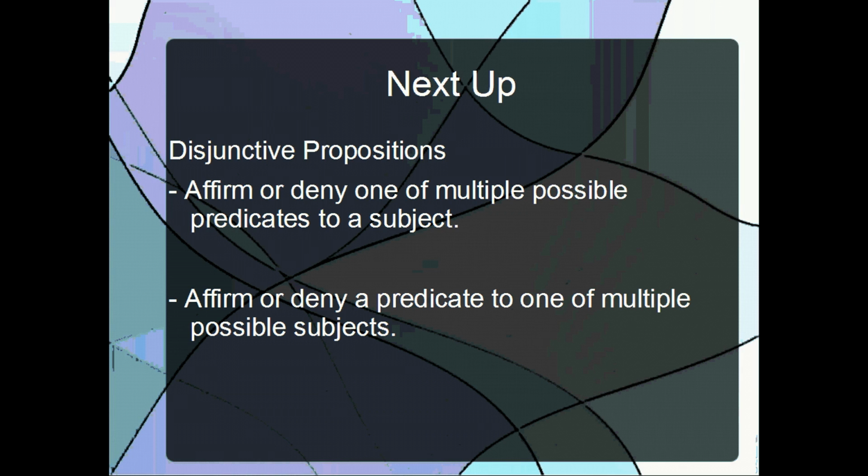Now the difference between the disjuncts and the conjunctions is that for disjunctions, you want to have at least one of the possibilities to be accurately affirmed or denied. Whereas in conjunctions, you want both your conjuncts to be accurately affirmed or denied. And we'll talk about that in more detail in the next video.